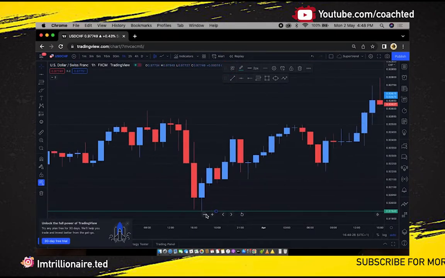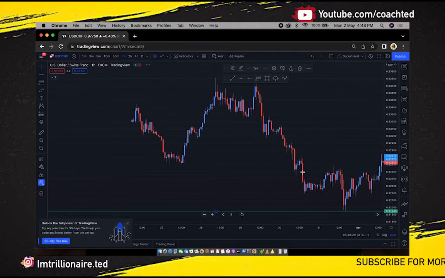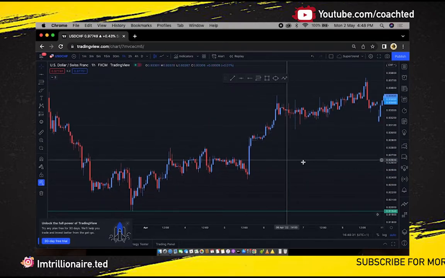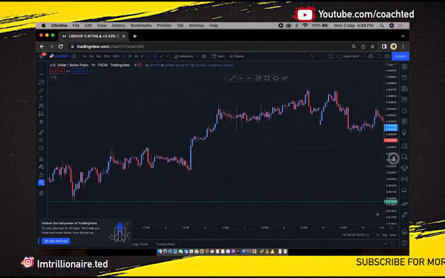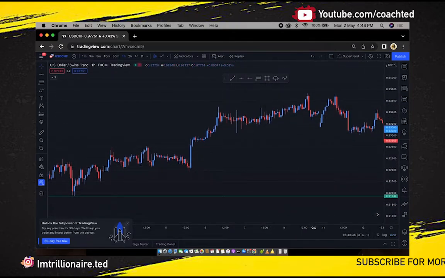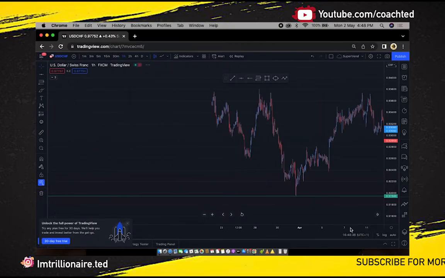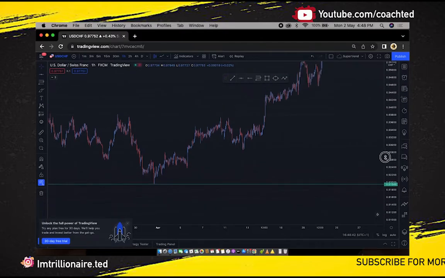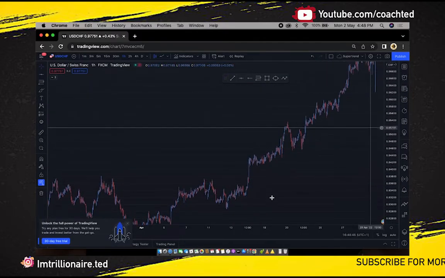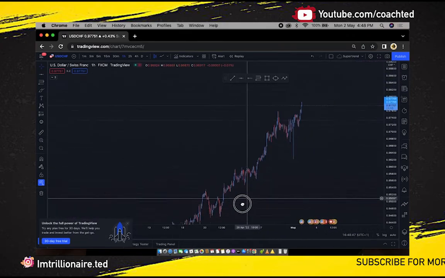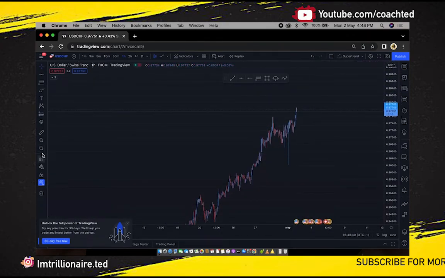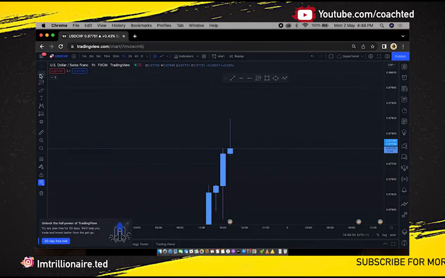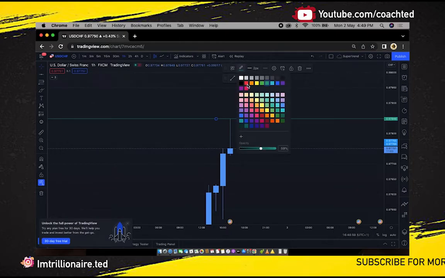Since we have identified that as our lowest point, because if you want to draw a Fibonacci for an uptrend, you have to start from the lowest point to the highest point. Moving over to the highest point in this particular trade, we will be looking at this point, which is now our highest point.